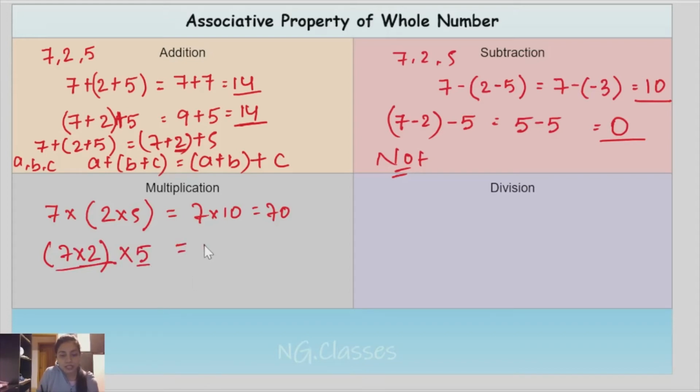It will be 14 multiplied with 5 and we will get 70 only. So we can say multiplication is also associative for whole number. So 7 into 2 into 5 is same as 7 into 2 into 5.